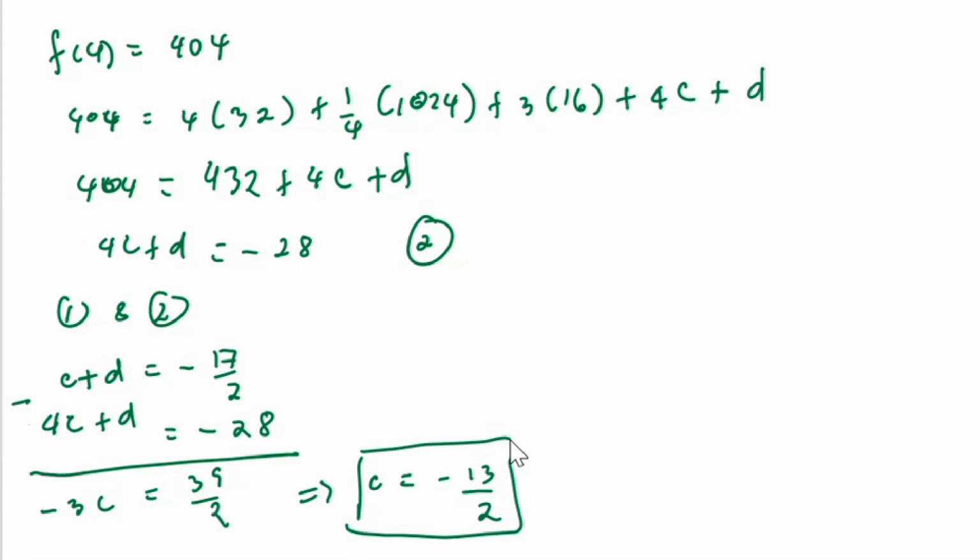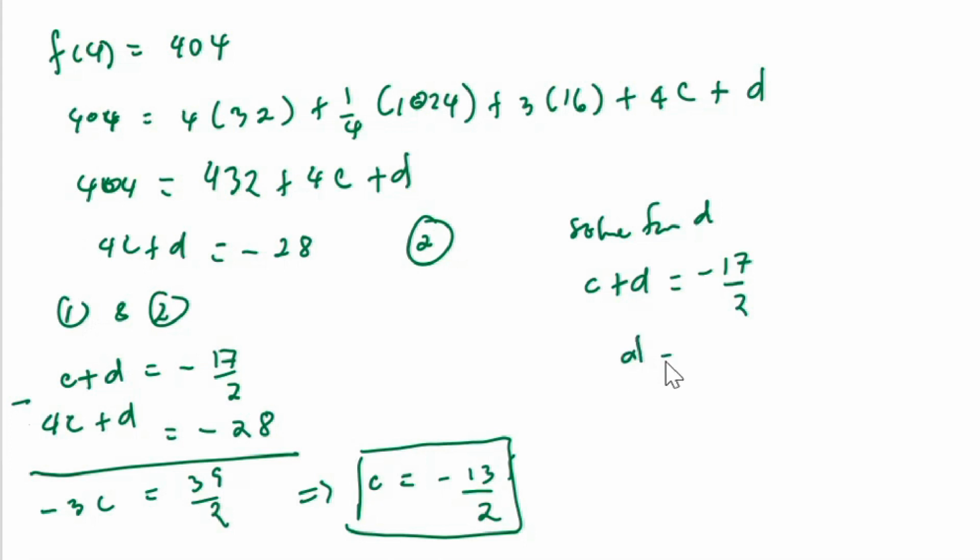Since we know already one of the unknowns, we can choose either equation 1 or equation 2 to solve for the next variable. So solving for d, I will choose equation number 1. So I have c plus d equals negative 17 over 2.